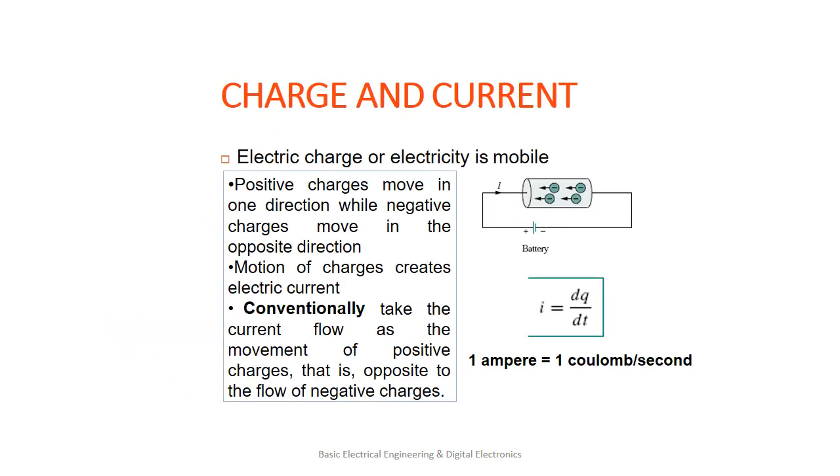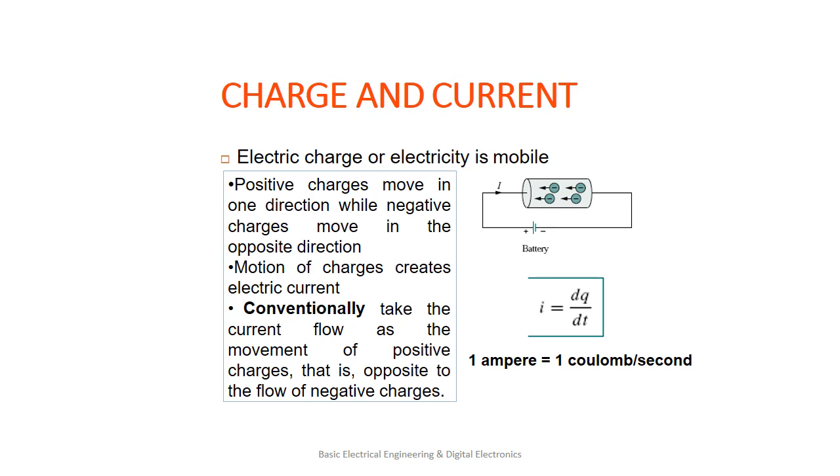Now we start with the first parameter, that is charge and current. Electric charge or electricity is mobile, meaning positive charge moves in one direction while negative charge moves in the opposite direction. Motion of the charges creates electric current. Therefore, conventionally the current flow is taken as the movement of positive charge, that is opposite to the flow of negative charge.